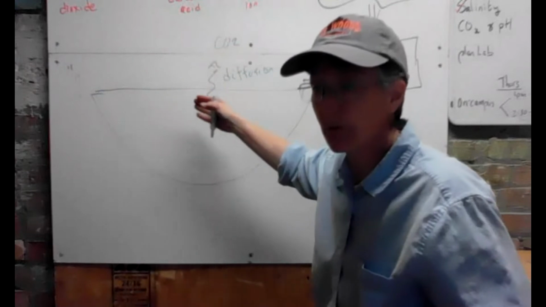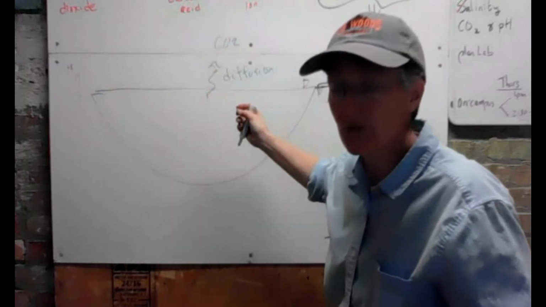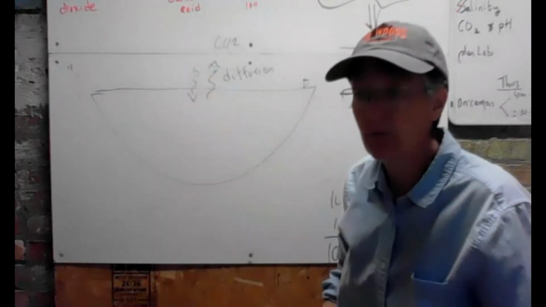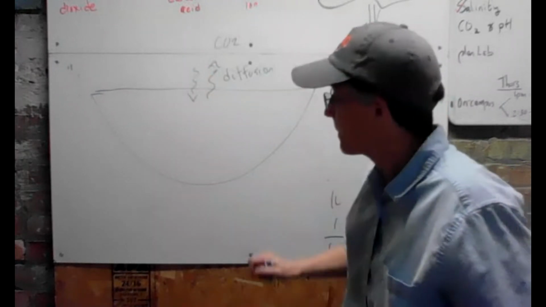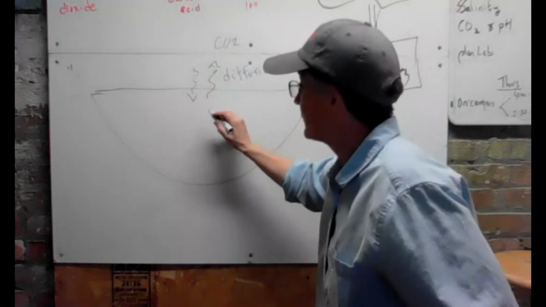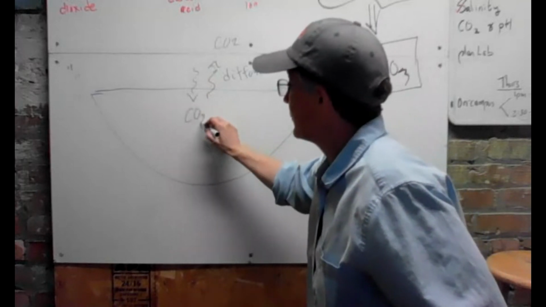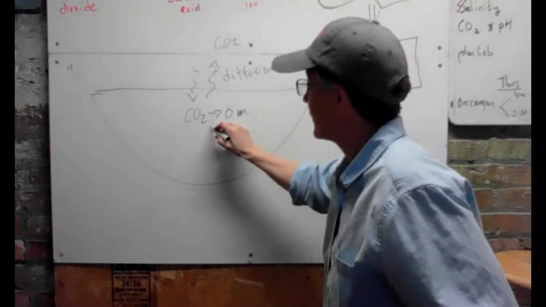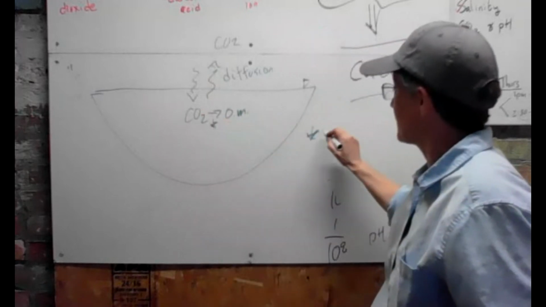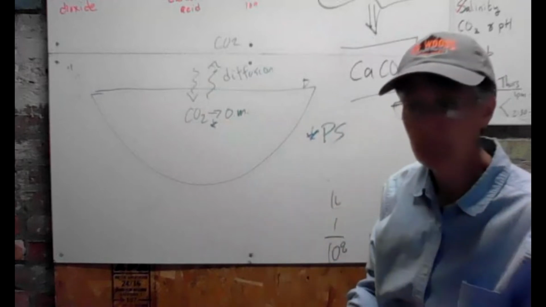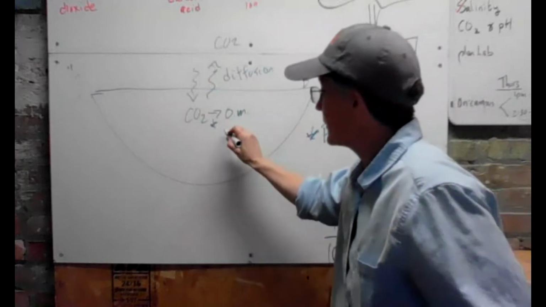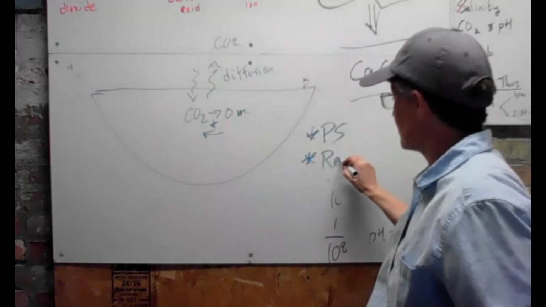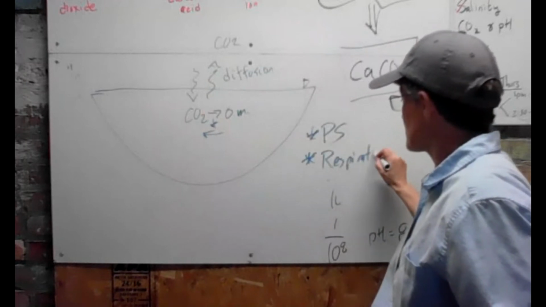If the CO2 is totally consumed by photosynthesis, it will diffuse in from the air. Within the water itself, the CO2 goes into organic matter because of photosynthesis, and it also goes back by respiration.